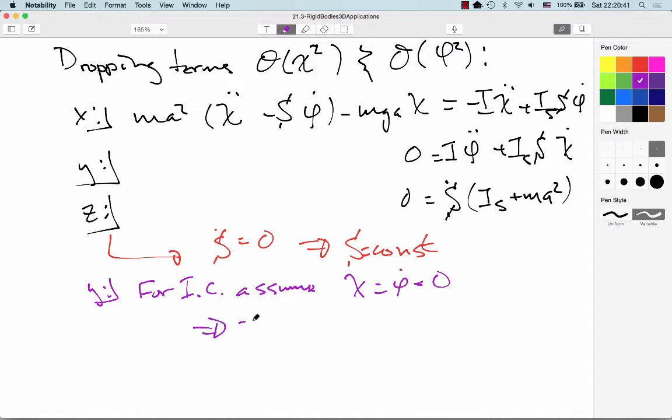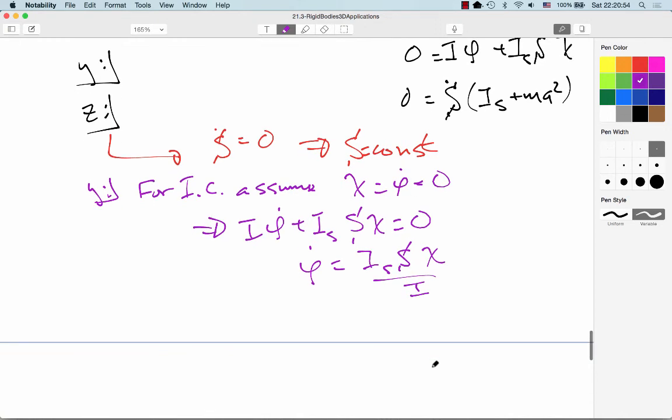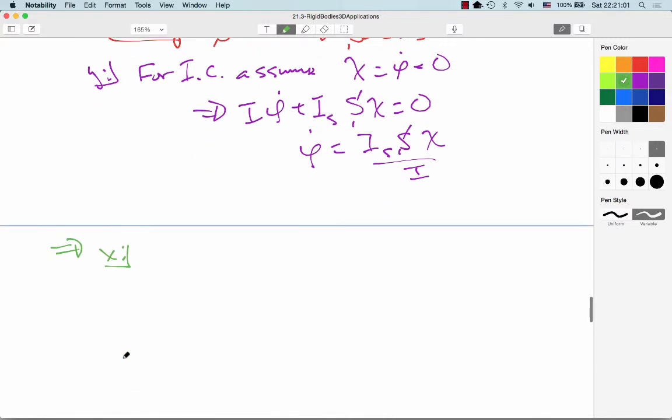So that will yield I phi dot plus I_s s chi equals 0, or phi dot equals I_s s chi over I. We can plug that into the x equation.